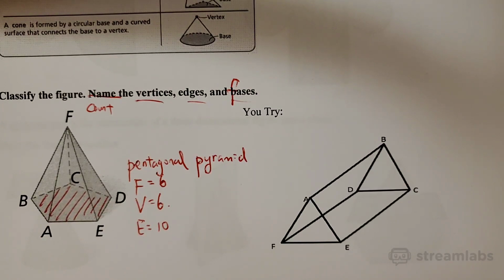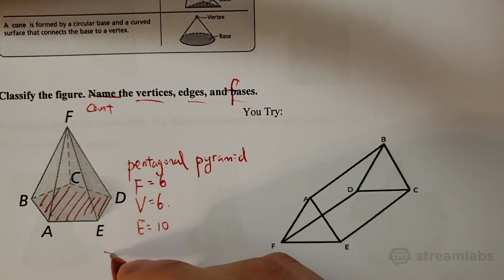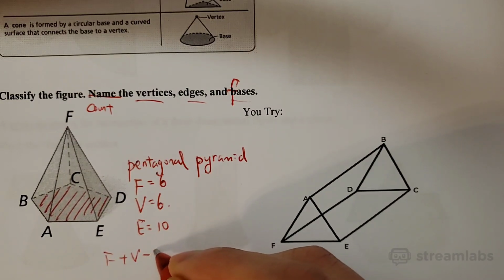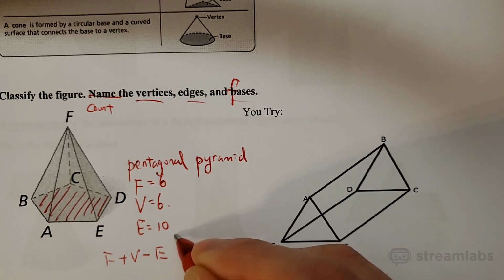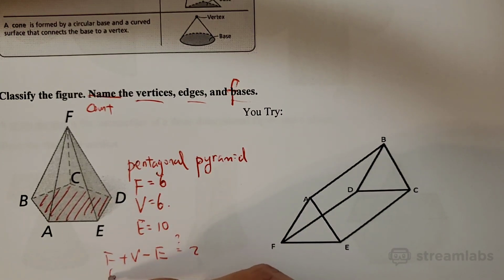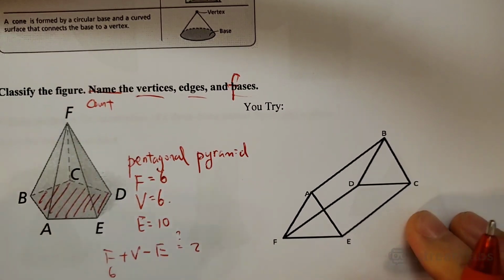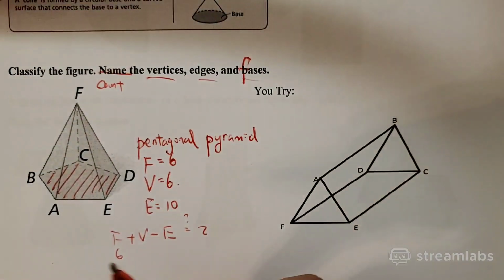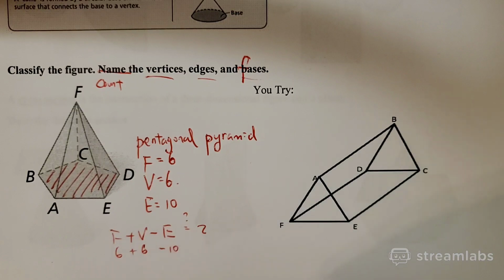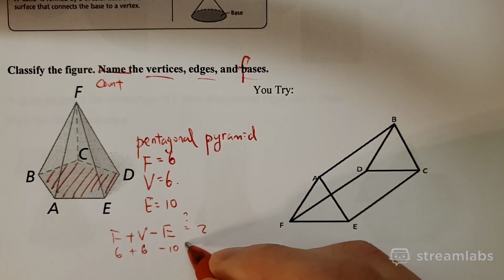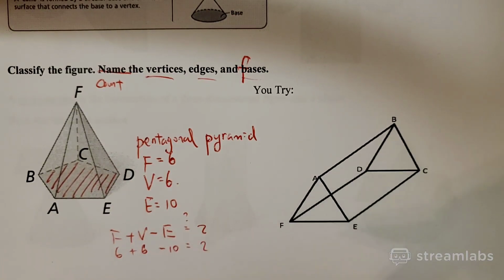Euler's formula: F plus V minus E, right? That's supposed to be 2, right? Is that true? 6 plus 6 minus 10 equals 2, right?